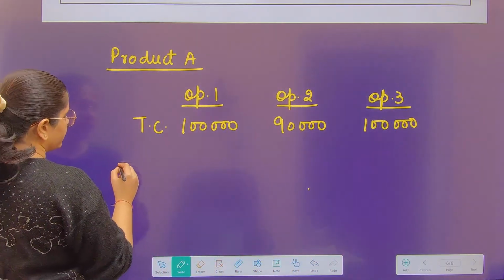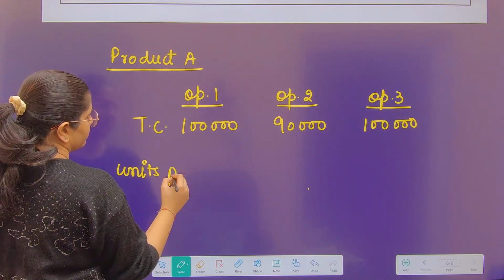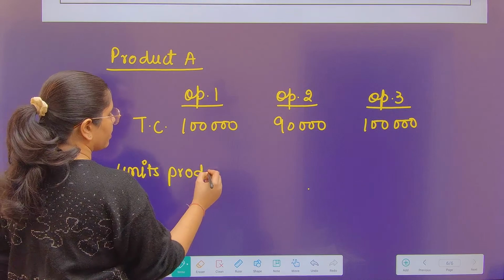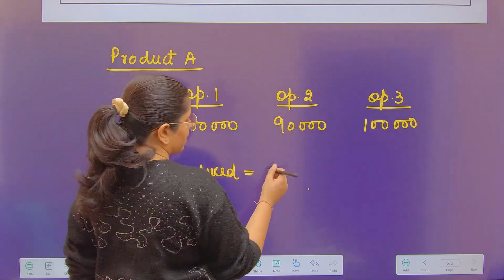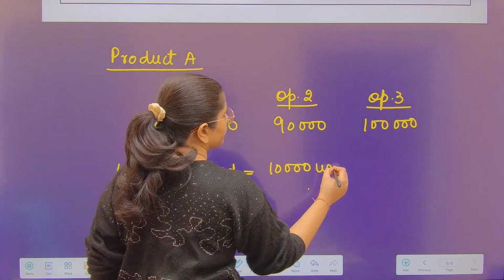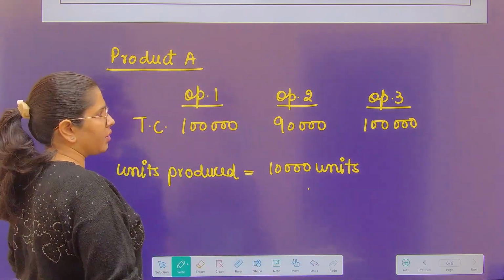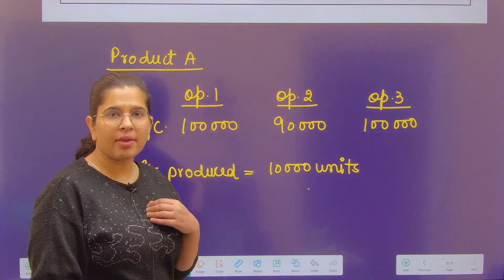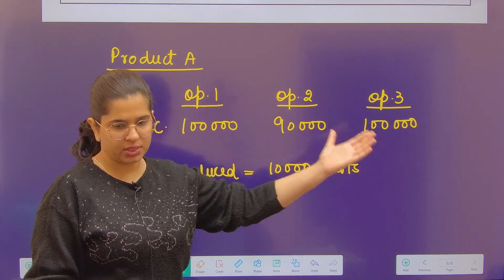Units produced will be 10,000 units. This is a very easy calculation. Now, what is my work is, I will add all these three operations.